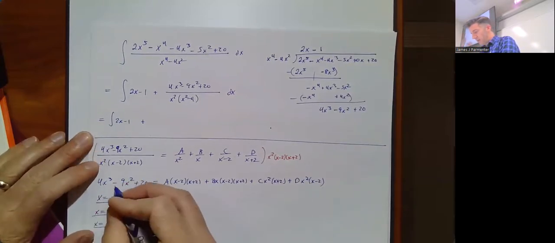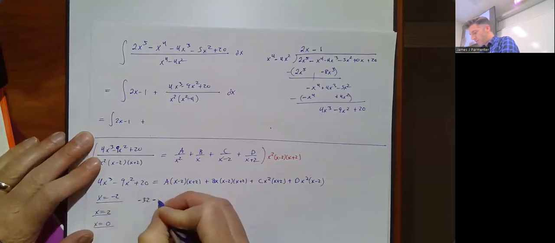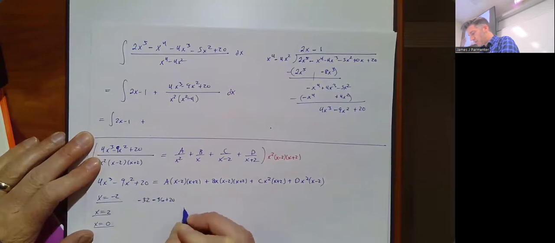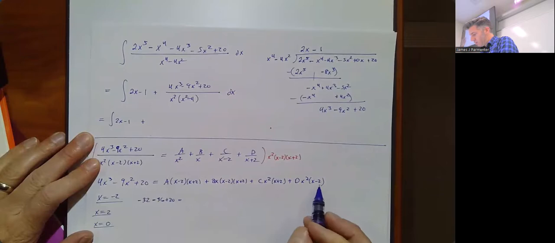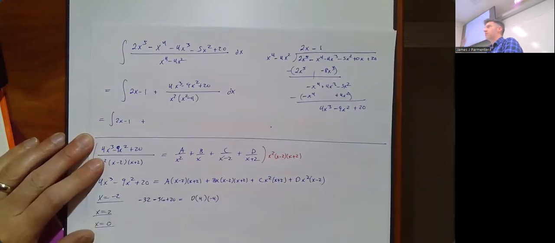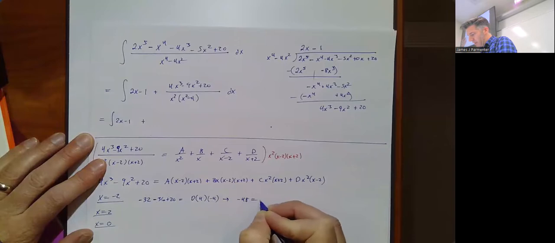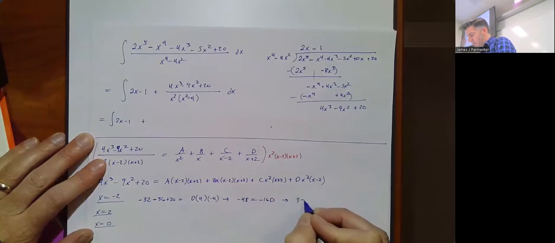I get 4 times negative 8 minus 9 times 4 plus 20 equal to 0, 0, 0, d times 4 times negative 4. So let's see. Okay, negative 32 minus 36 is negative 68. Plus 20 is negative 48. So you get negative 48 equals negative 16 times d, and divide both sides by negative 16 to get 3 is equal to d.